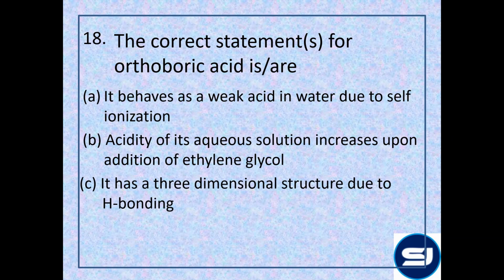Was it 3D or 2D? 2D. It was a planar two-dimensional structure where the molecules were joined by H bonds. It is not three-dimensional. If it were three-dimensional, it should have been sp3 hybridized or something else. Here the boron has sp2, meaning all the atoms are in the same plane. It's a planar two-dimensional structure.